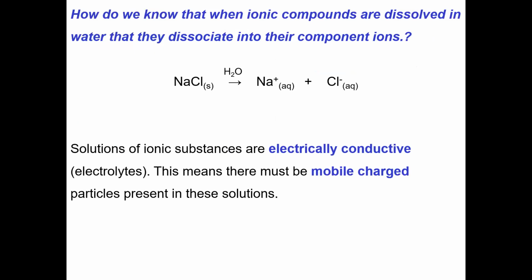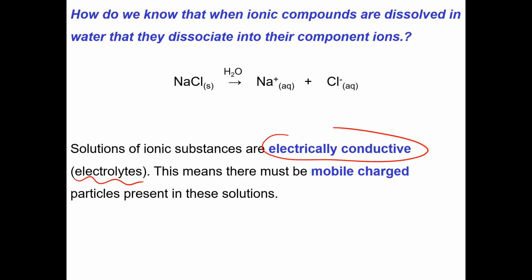So how do we know that when ionic compounds are dissolved in water, they are present as separate or dissociated component ions? Well, it's quite interesting and quite simple, really. What we find is that solutions of ionic substances are electrically conductive, or what we say is that they are electrolytes.